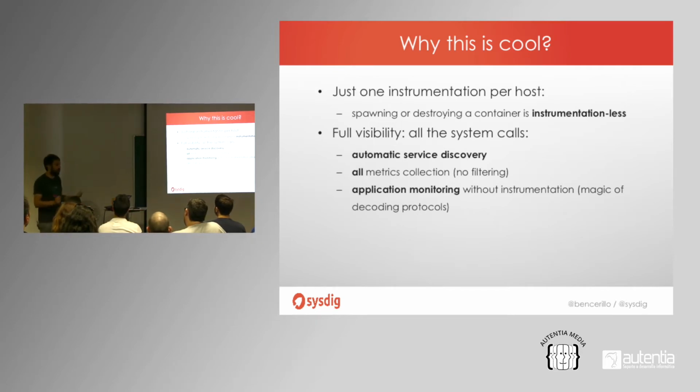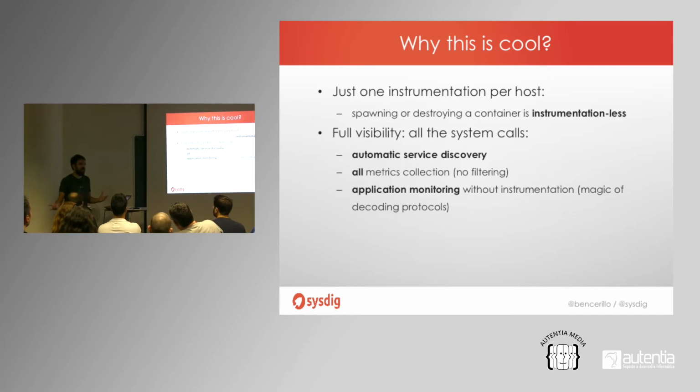Or we can automatically do things like application layer monitoring, for example, decoding the traffic in those file descriptors, in those sockets, and we can automatically see MySQL queries. That's a kind of visibility that otherwise you would need code instrumentation for. We just do it automatically.